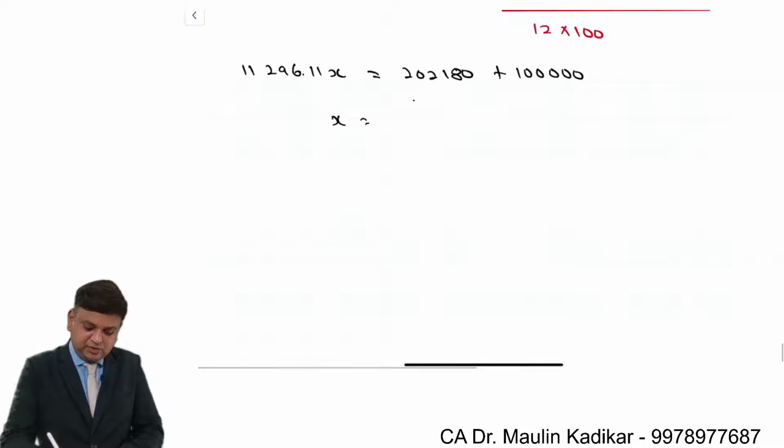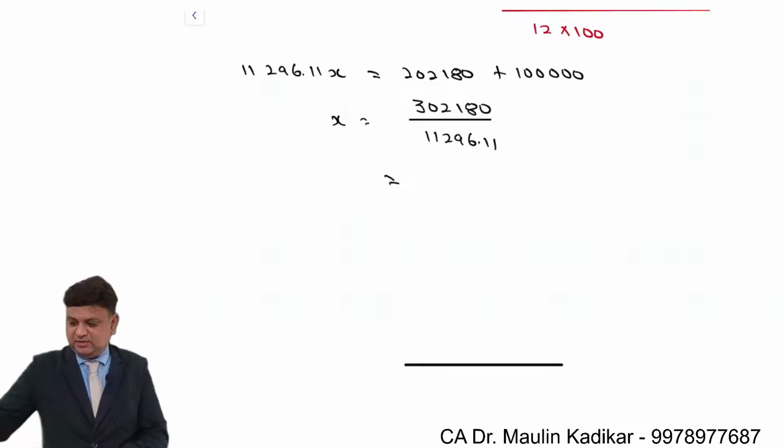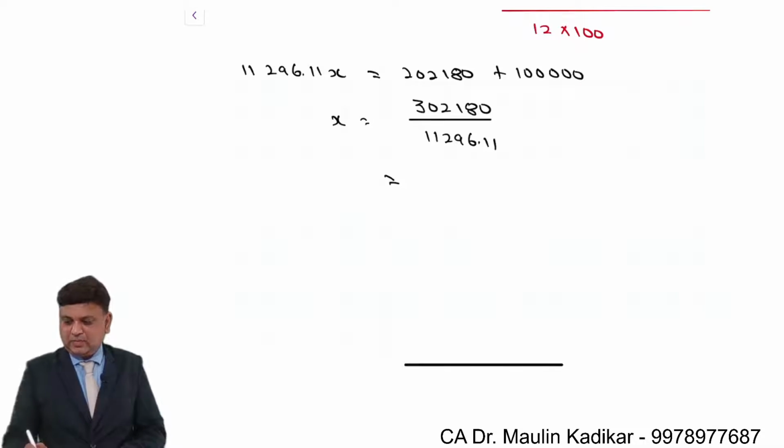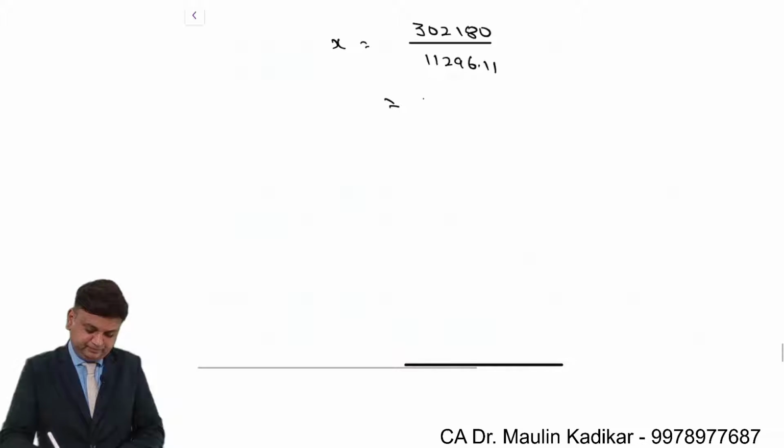So x is equal to 3 lakh 2,180 upon 11,296.11. So the final answer is 26.75.